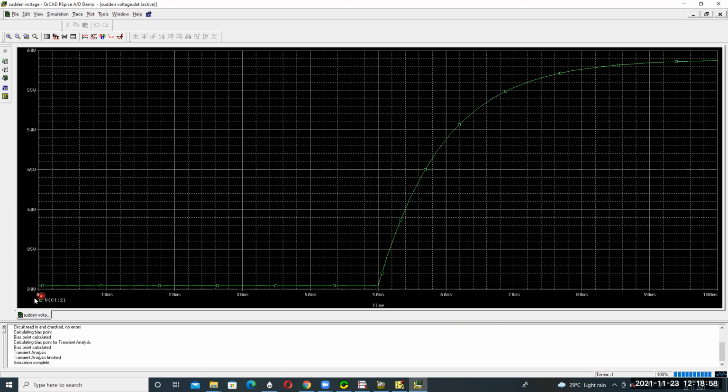After 50 milliseconds, because of the switching action, up to here the switch is in position A, and after that the switch is in position B. So here the switch is in position A.